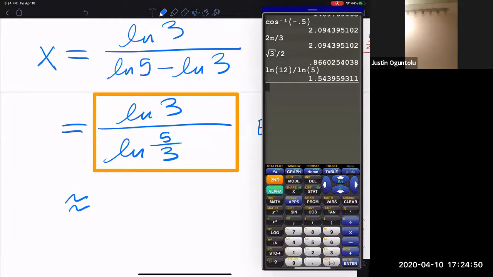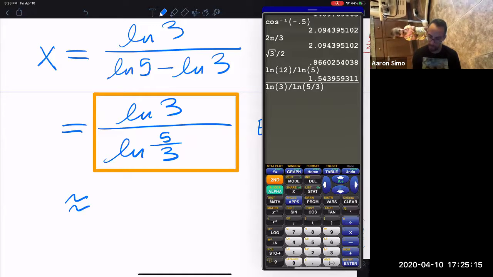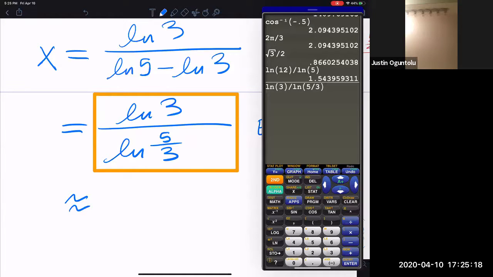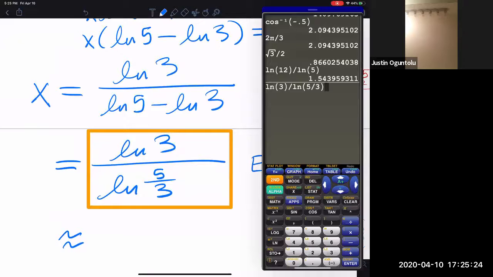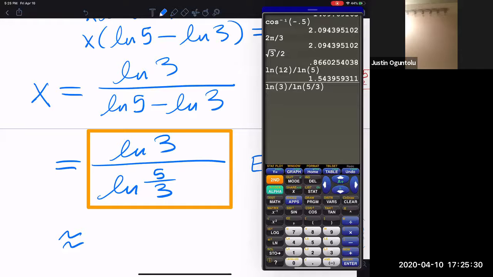ln 3 over ln 5 minus ln 3. What do you get? Oh, wait, hold on. I typed it in wrong. I think I put too many parentheses.